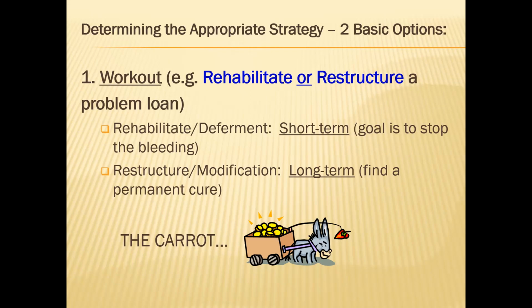When you're dealing with loan workouts, you're looking at rehabilitating or restructuring a problem loan. So you want to rehabilitate or defer, and this is a short-term thing. This is a temporary fix, and the goal is to, quote unquote, stop the bleeding, so to speak.